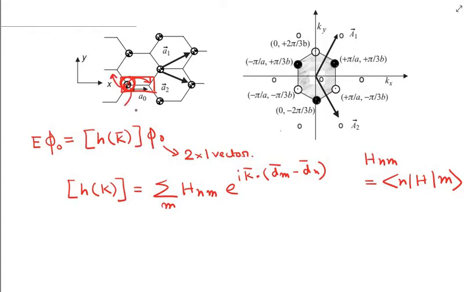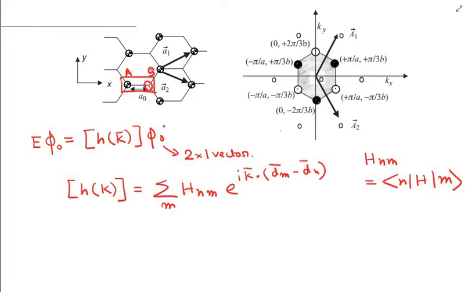We would basically be considering the nearest neighbors of any atom in the tight binding model. So which atoms are the nearest to this atom? Remember that our unit cell consists of two atoms. Let us call this position A and this position B.